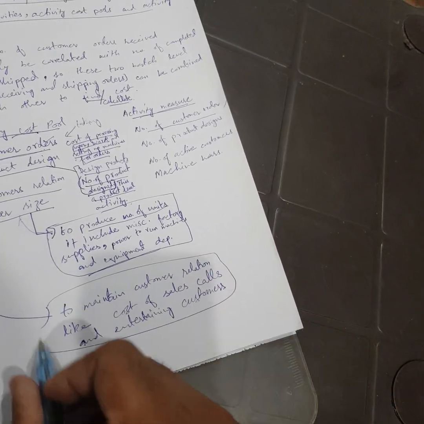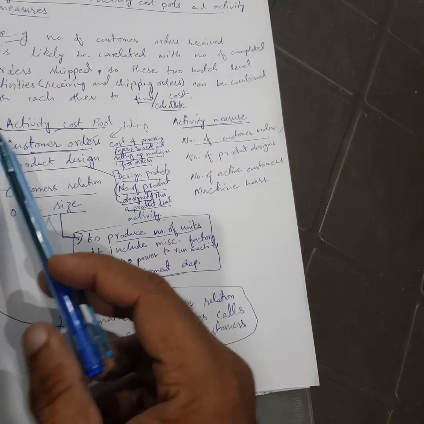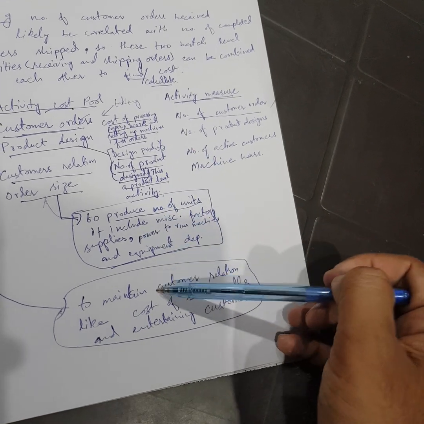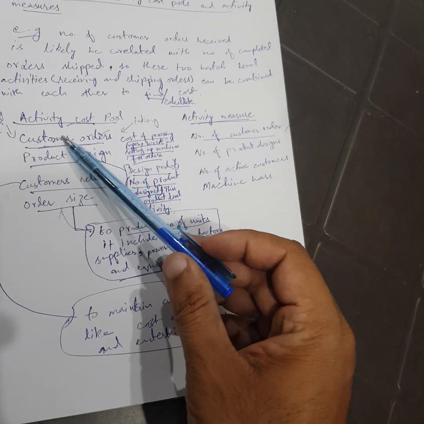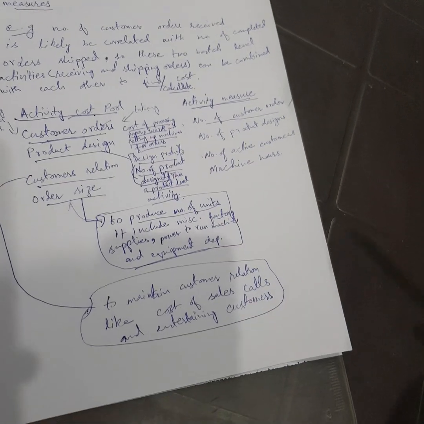All these types of costs will be part of customer relation cost. So as I mentioned, these are the number of activities or activity measures on the basis of which we will calculate the cost by measuring the activities.